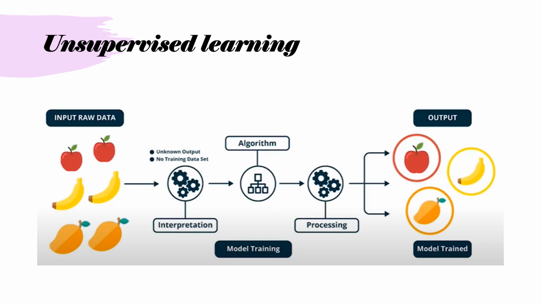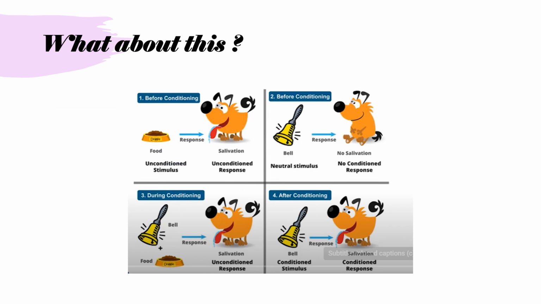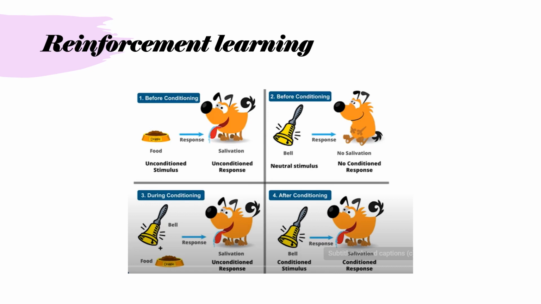This is done in unsupervised learning. Finally, as I told you, the example of a dog being fed food is reinforcement learning, where we condition the dog to wait for the bell and have the food.